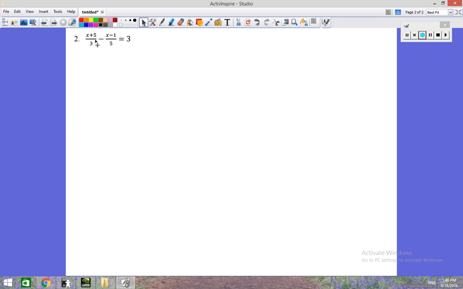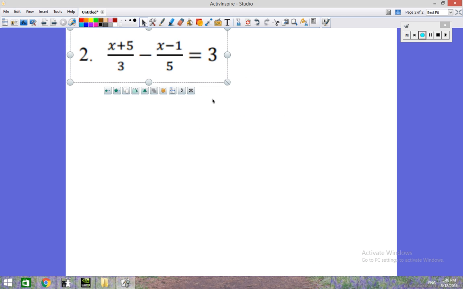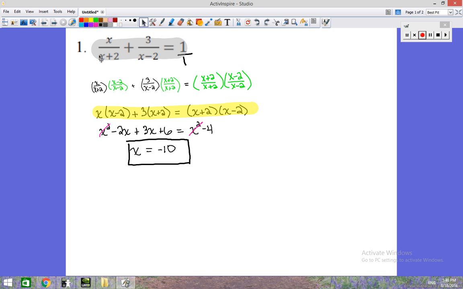Problem number 2 is slightly different. We don't have a variable in a denominator here. So I think a student could technically argue that checking our solution is not part of this. We're concerned with extraneous solutions when we have a variable in the denominator, when I multiplied both sides of the equation by that common denominator that had a variable.